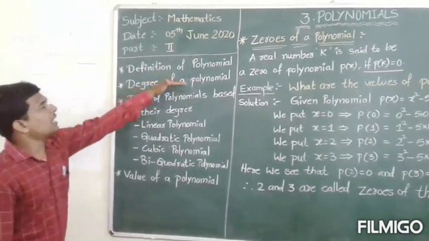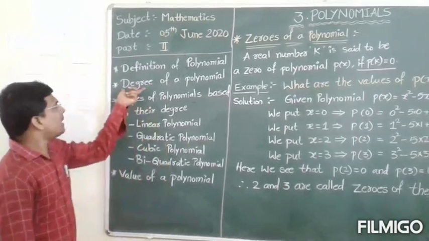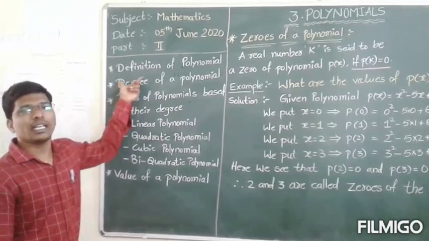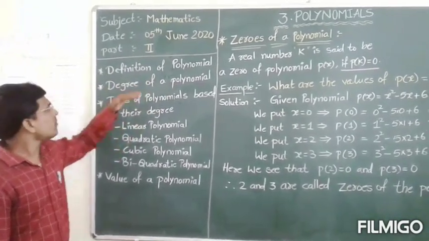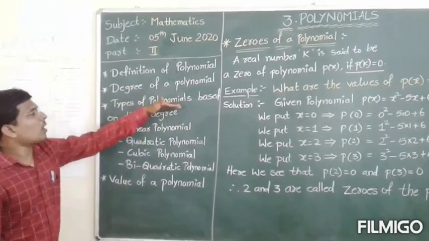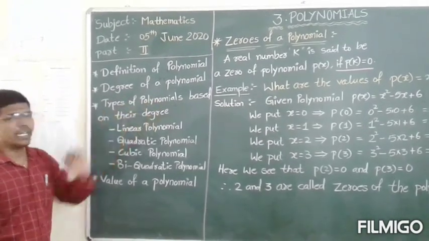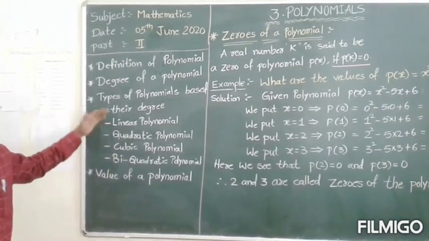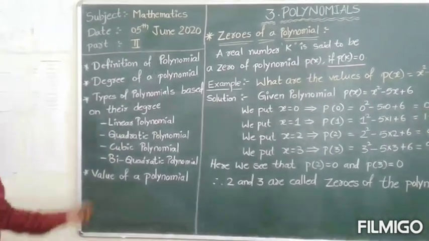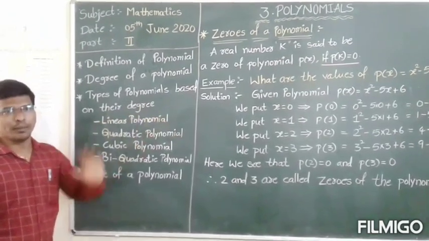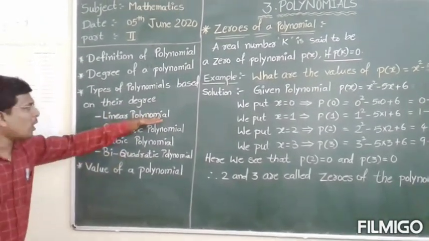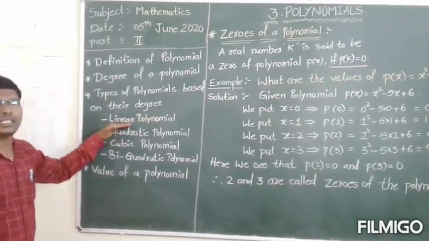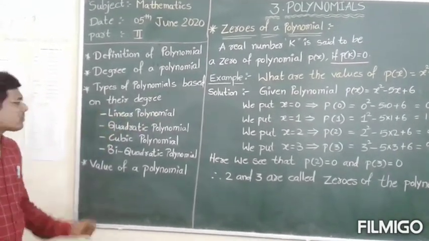Next, degree of a polynomial. What is meant by degree here? The highest power of a variable is known as the degree of a polynomial. Next, types of polynomials based on their degree. According to their degree, we have classified polynomials into four types. First, linear polynomial: any polynomial having degree 1 is known as a linear polynomial.